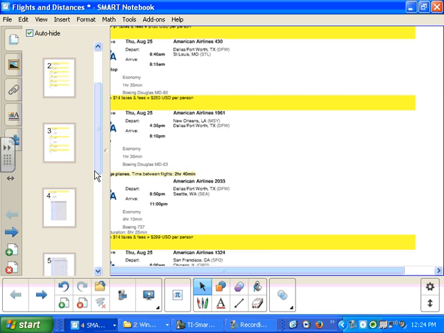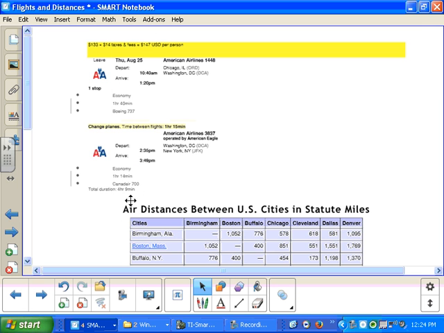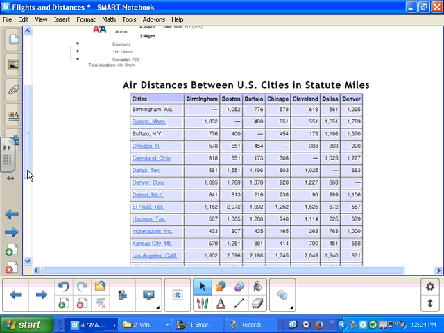So for the back of the packet that you're going to be looking at, it has air distance between different cities. So if you're looking for maybe from Dallas to Boston, you're going to find it just like you would on a multiplication table, where this is where it matches, 1,551.